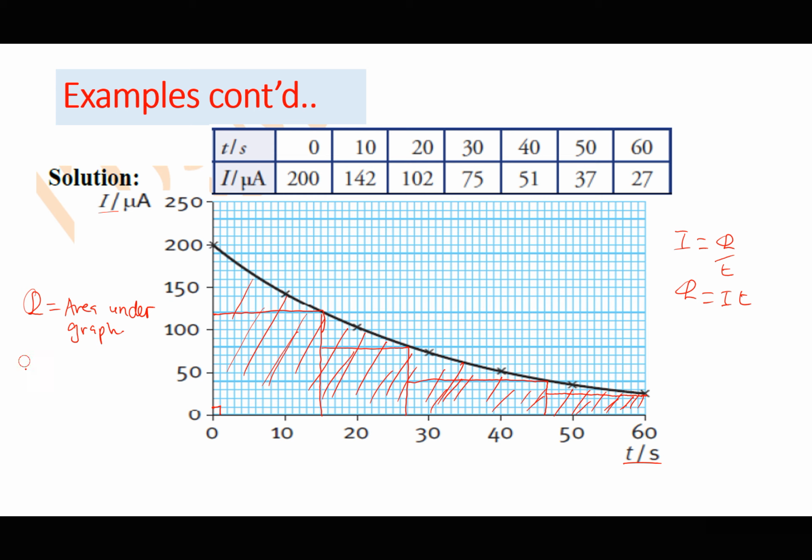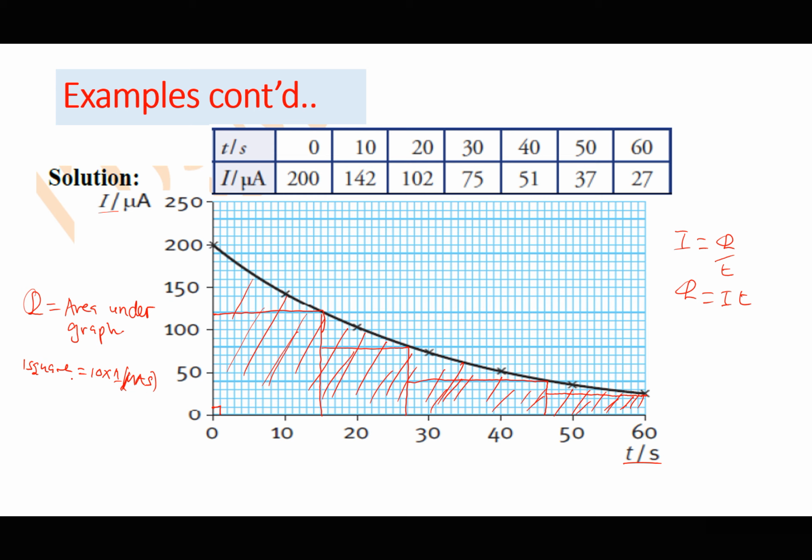So 1 square is equal to 10 times 1, which is going to be 10 microampere seconds. That is one small square.